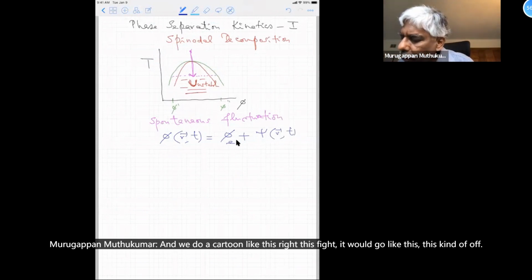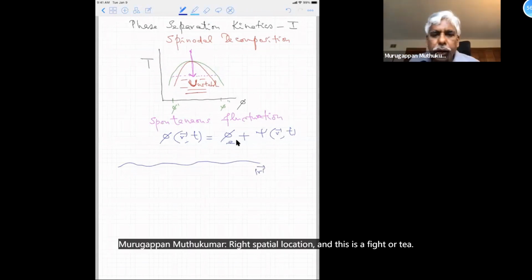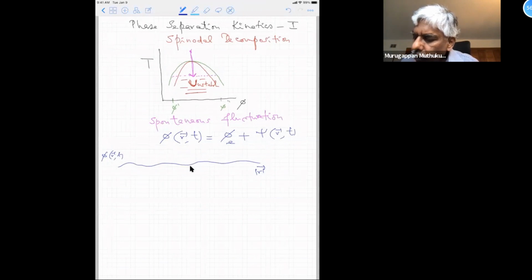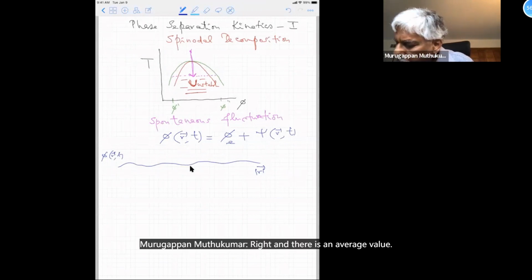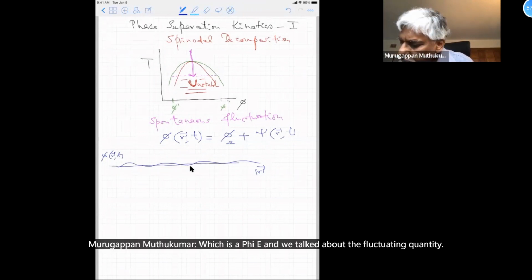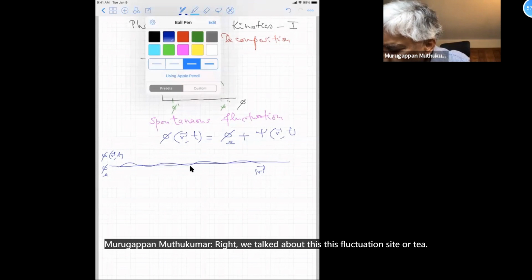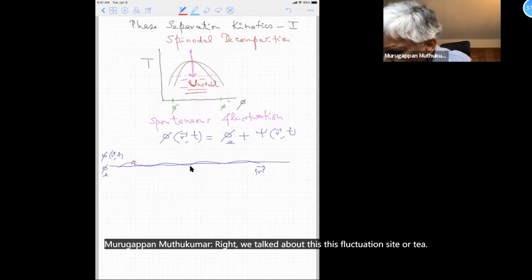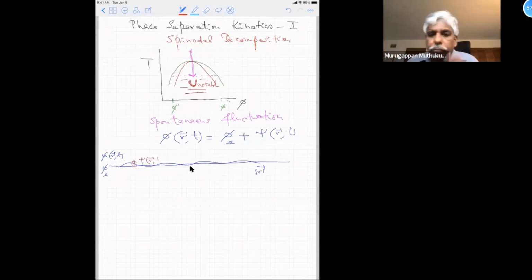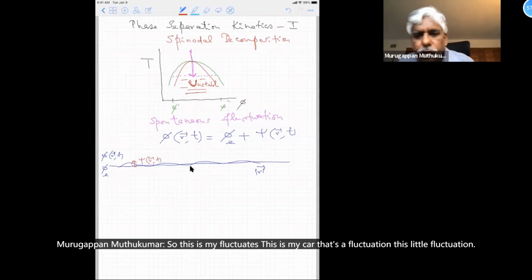This is phi R, t, it would go like this. This is R, the spatial location, and this is phi R, t. And there is an average value, which is phi E. And we talked about the fluctuating quantity. This is a fluctuation, psi R, t. That's a fluctuation. This is a fluctuation.